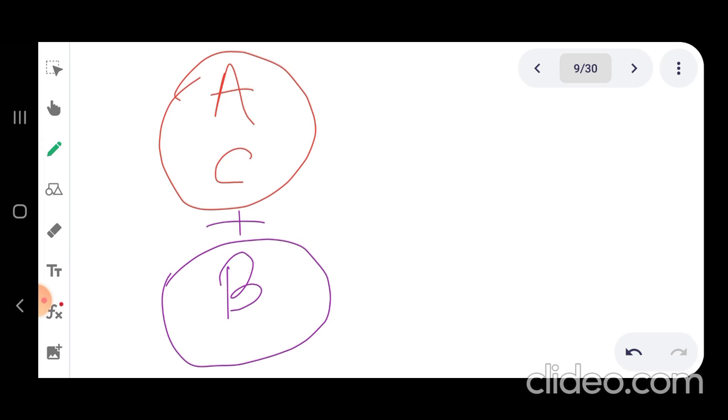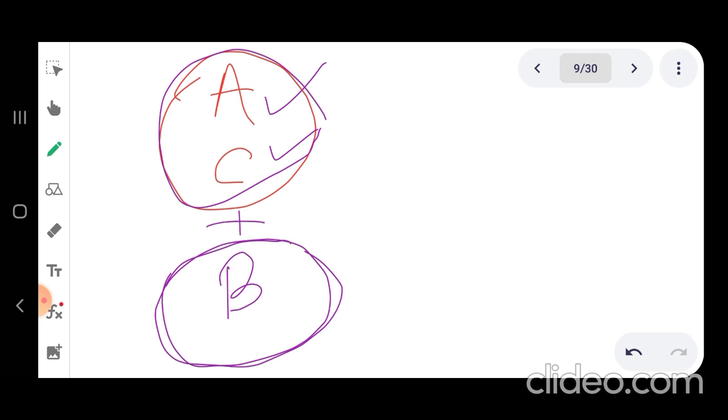You want to separate, for example, A from C, so you take this mixture, A and C, and mix it with the solvent B. But this solvent has some conditions, some restrictions.